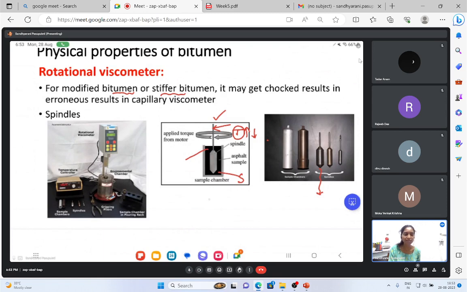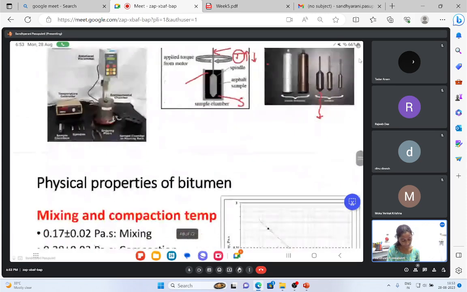Initially we need to evaluate that mixing and compaction temperature. Let us say I have coated my aggregates completely. Now at what temperature do I need to take this mix to the field and use the roller to compact, so that at this temperature when you compact the mix, you can have perfect compactness or density and the perfect amount of air voids that are required in the field?